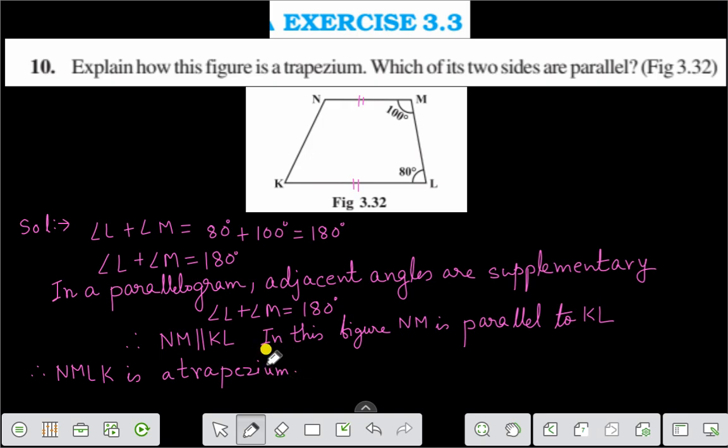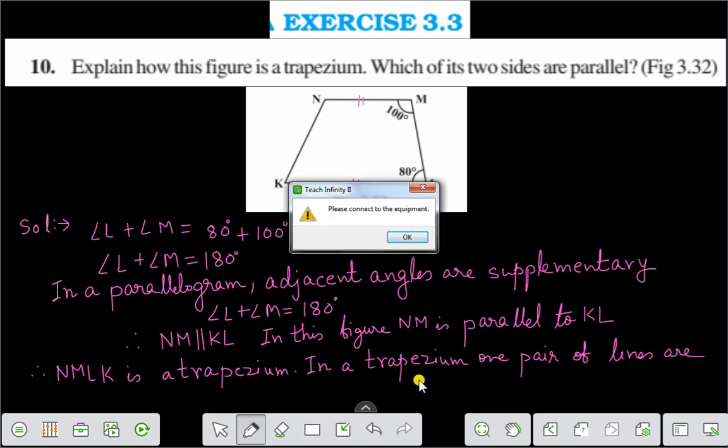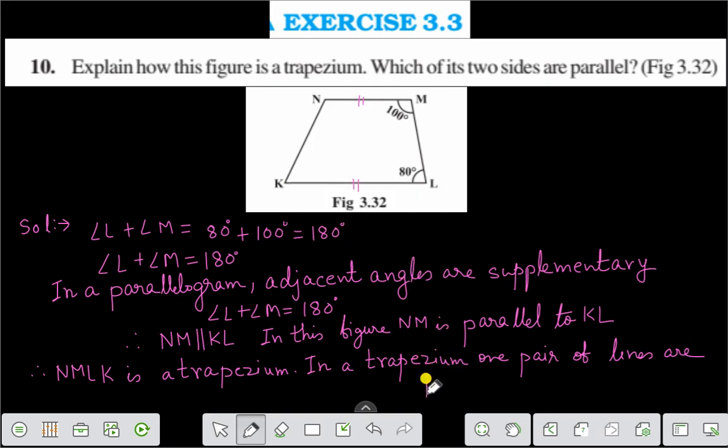Because we know that in a trapezium, one pair of lines are parallel.